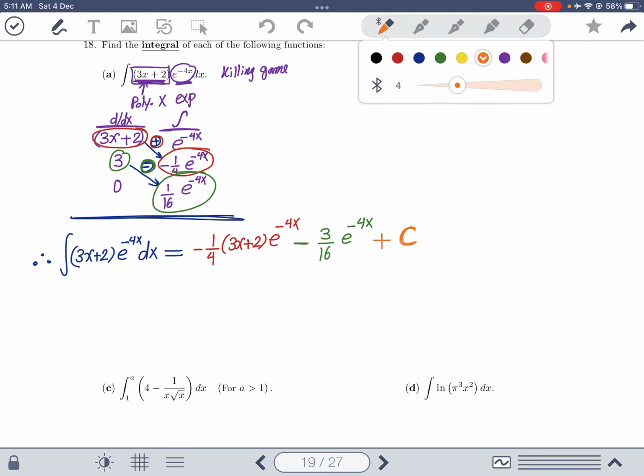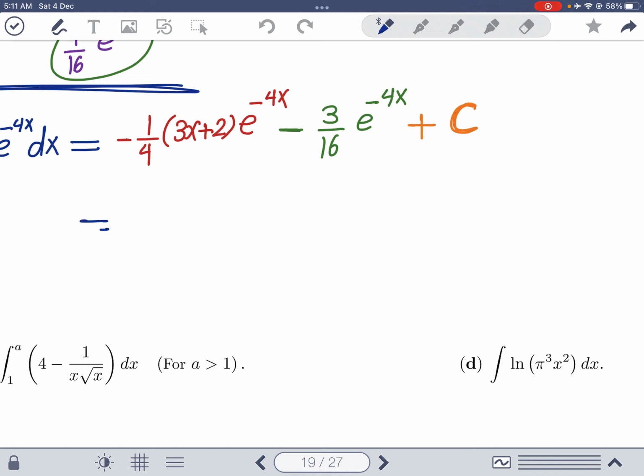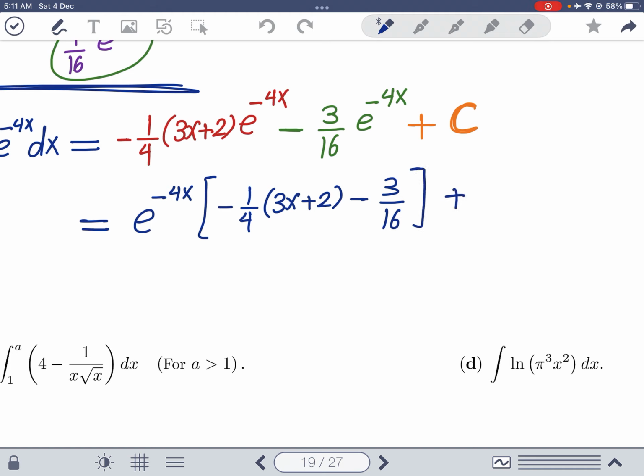You can simplify this by taking e as a common factor, of course. So here this will be e to the negative 4x outside, and inside I'll have minus 1 over 4 times 3x plus 2 minus 3 over 16. All of this plus c.